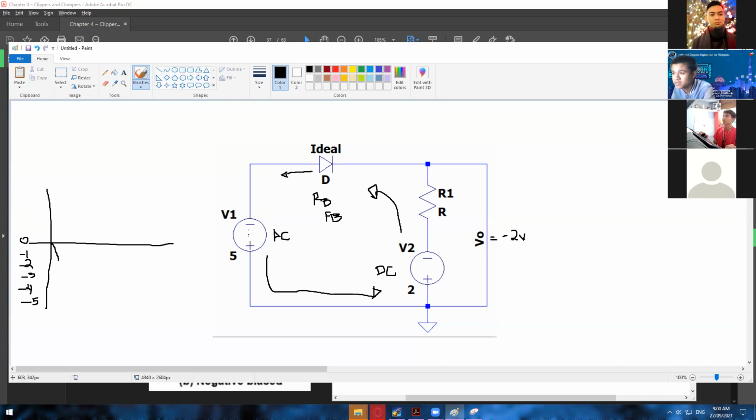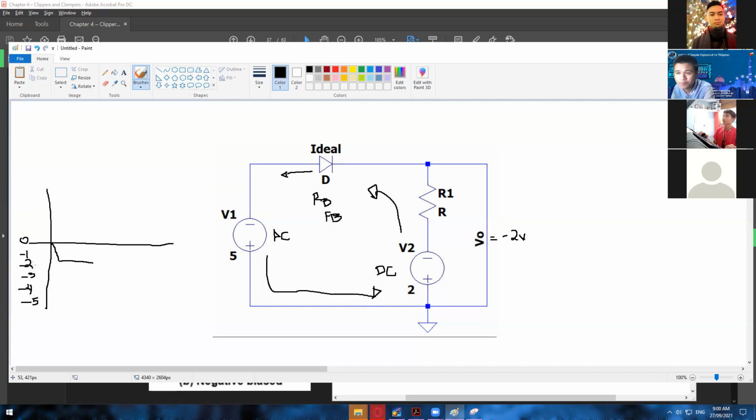Because once this one becomes -2.1 or higher than 2 volts in magnitude, it will stop the flow of current since this one is now completely reverse biased due to this voltage input. As a result, we now have an open circuit, and that is when our voltage input is greater than our VB.